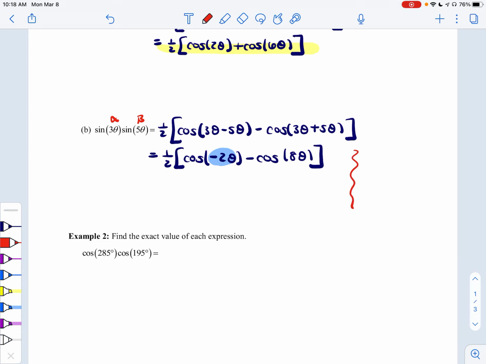If you remember back to your even odd properties, way back in Unit 1, we know that cosine of negative theta is equal to cosine of positive theta because it is an even function. So we can just change that cosine of negative 2 theta to cosine of positive 2 theta because it is an even function.